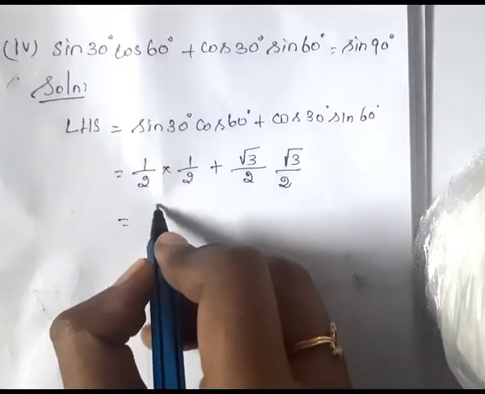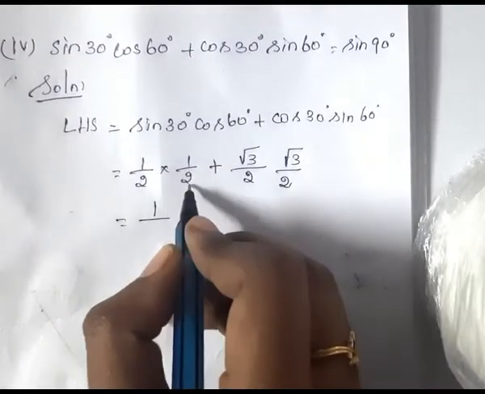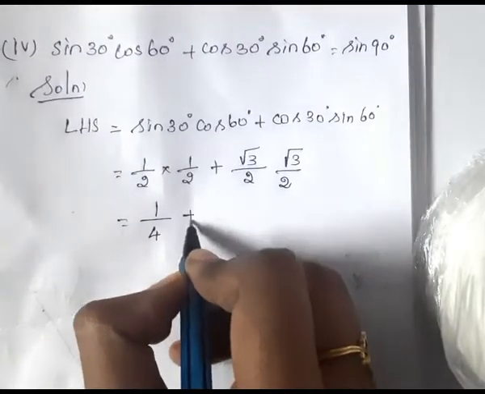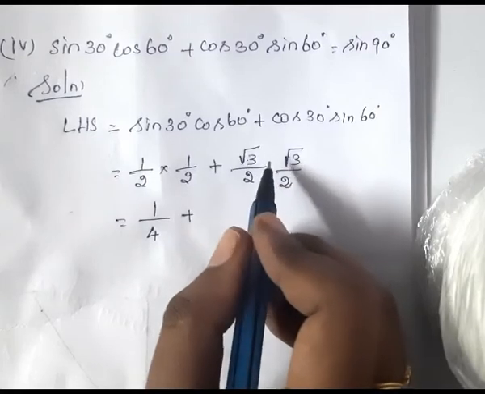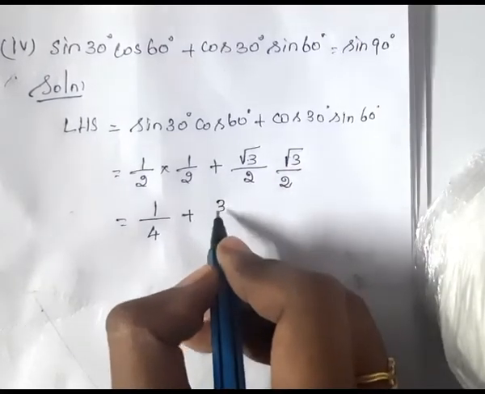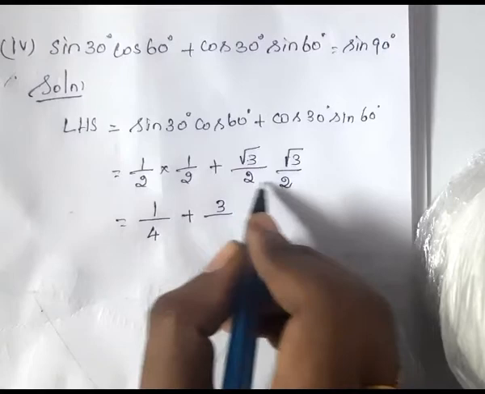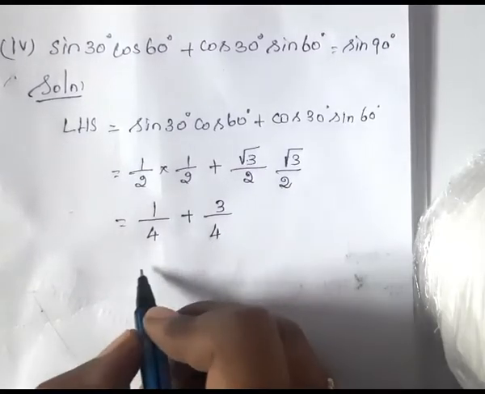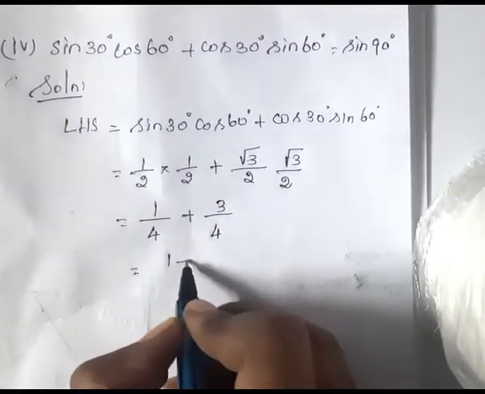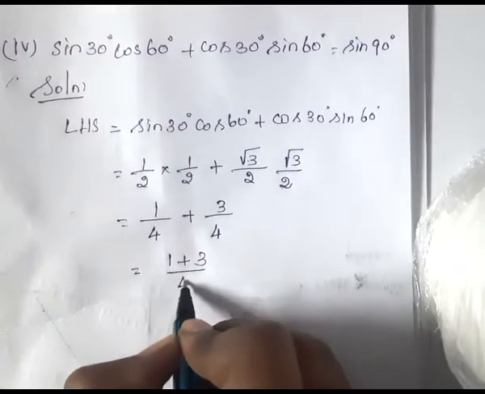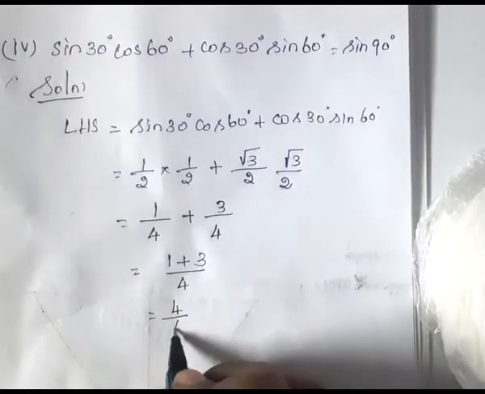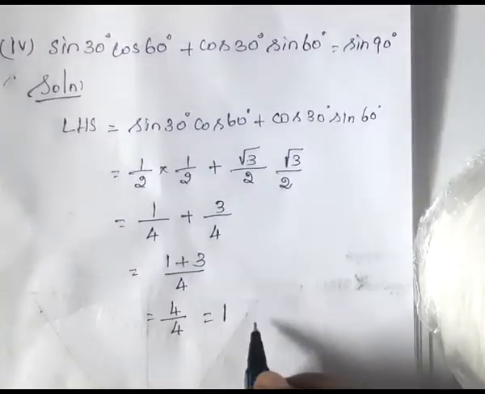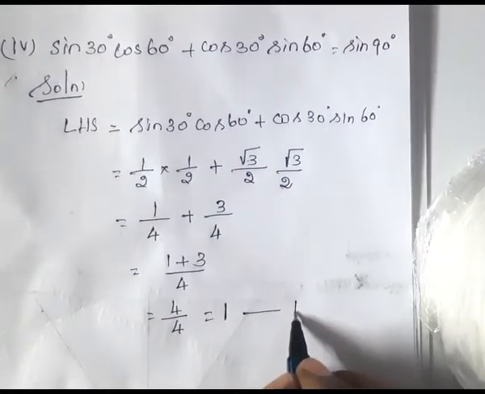Multiply the both. 1 by 2 into 2, 4. Plus multiply the both. Root 3 into root 3, 3 by 2 into 2, 4. Then 1 plus 3, same denominator, 4. 4 by 4, that is equal to 1. So LHS we have 1.